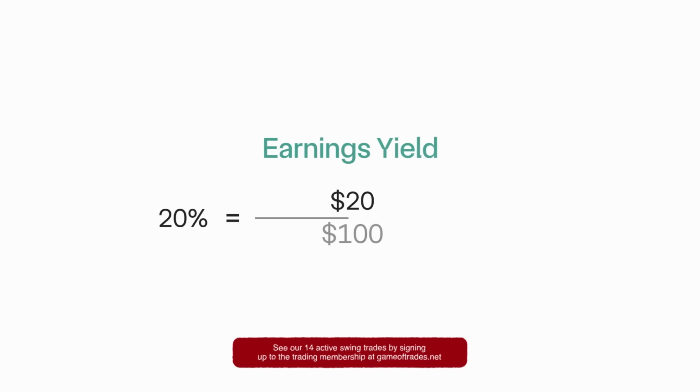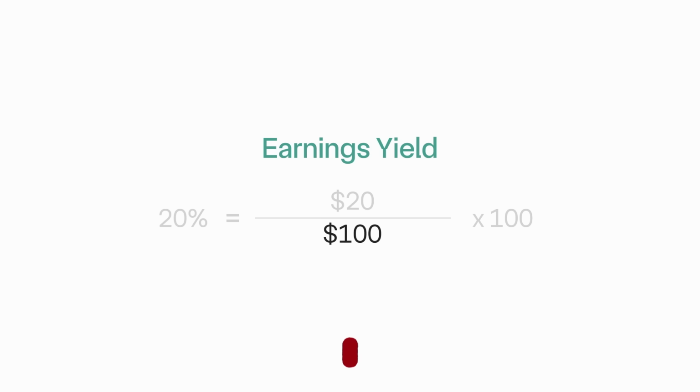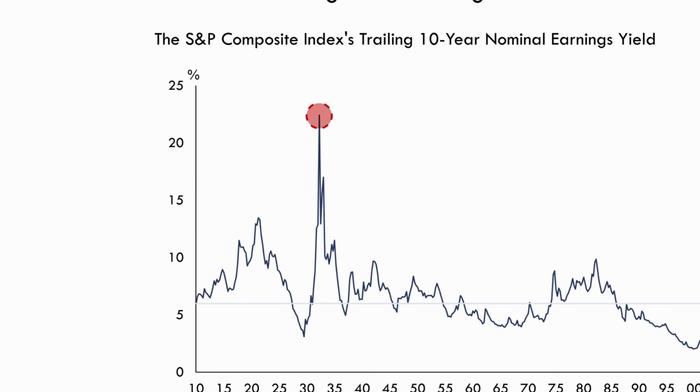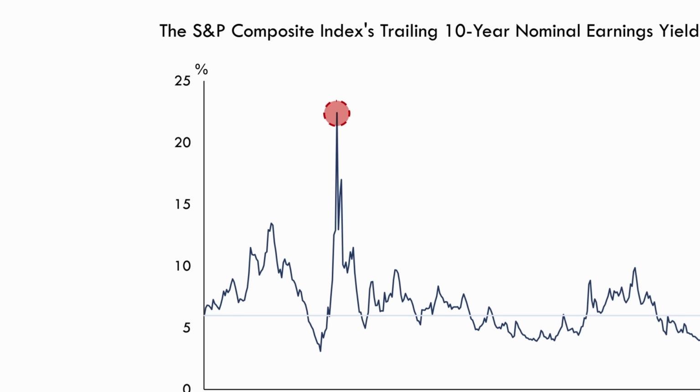That means if you were buying $100 worth of S&P 500 shares in 1932, it was generating $20 in profit every single year. So of course it was a fantastic moment to be an owner of corporations, as you could buy yourself a huge amount of profit generation per year for a very cheap price.